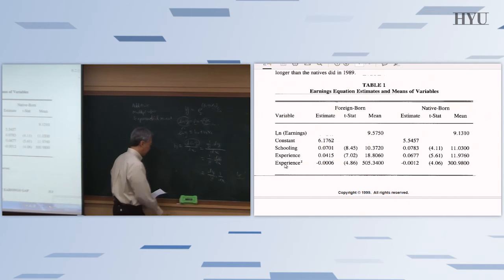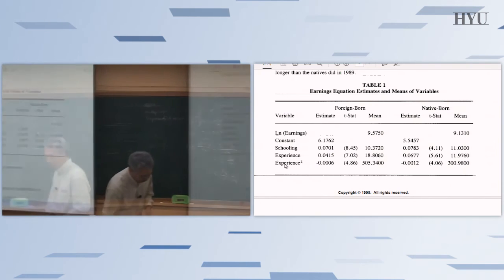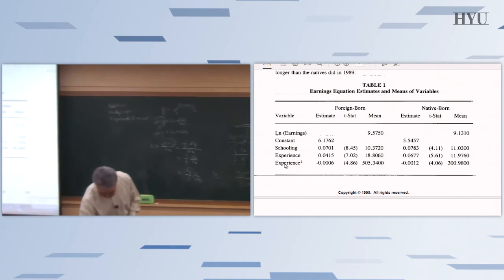Then what will be the interpretation here? Think about it.